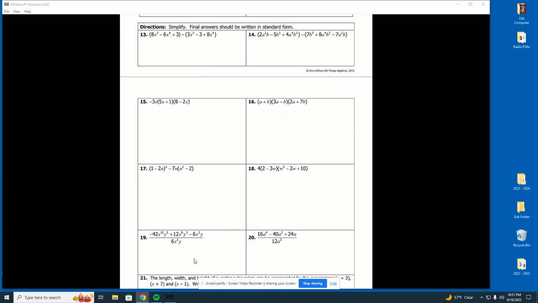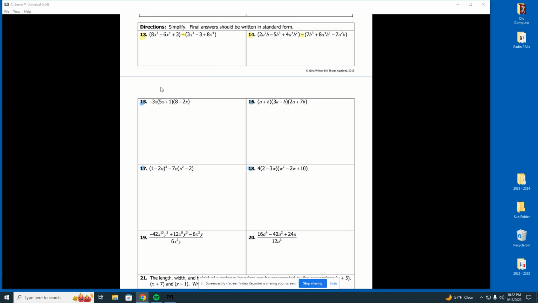You don't have to do 21 and 22, but you need to do 13, which is kind of a review from yesterday. Look, it's subtraction. 14 is also subtraction, so it's a review from yesterday. But then, of course, you've got all these that are more of the multiplication stuff. Okay?